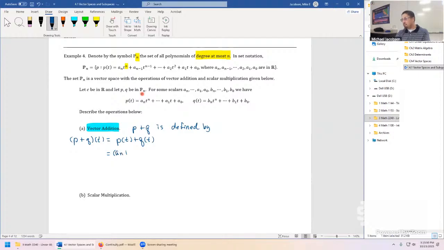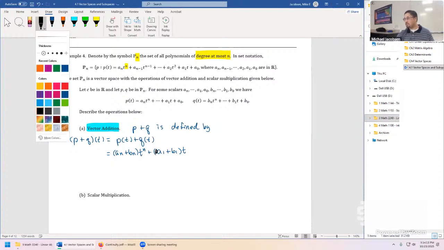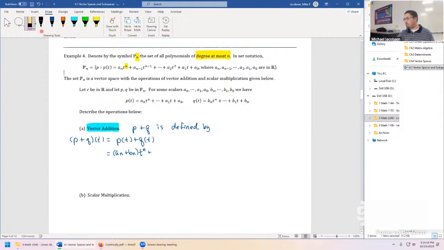That means it's a_n plus b_n times t to the power of n, plus a_(n-1) plus b_(n-1) times t to the power of n minus 1, but we'll go through the dot, dot, dot, skip down to a1 plus b1 times t to the power 1, so just t. This flows a little bit better if you maintain the dot, dot, dot right here.